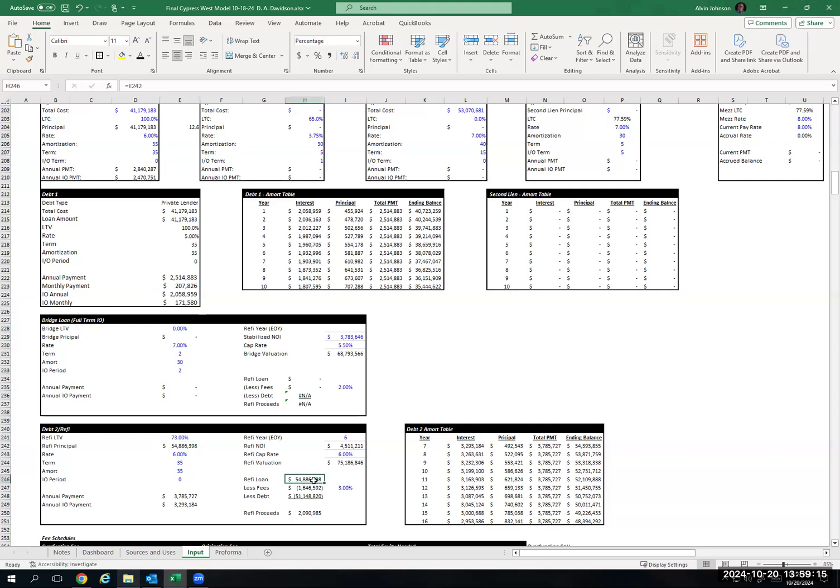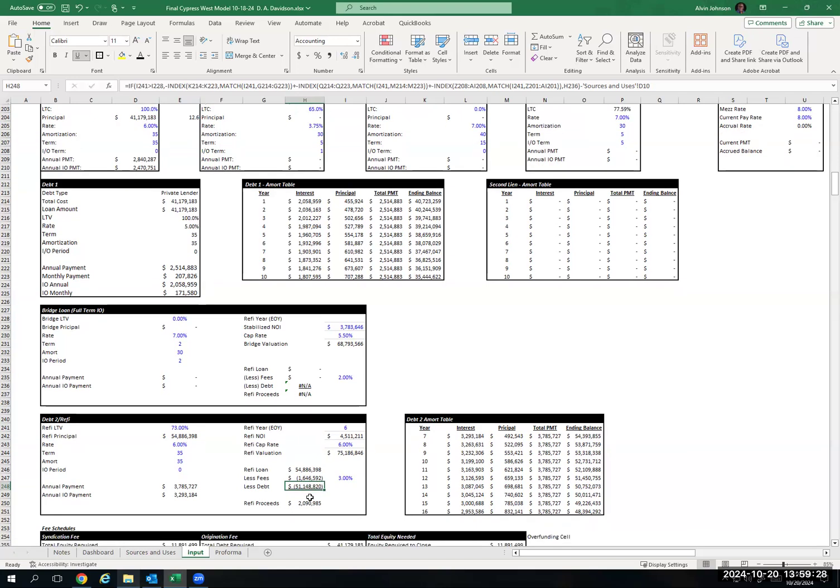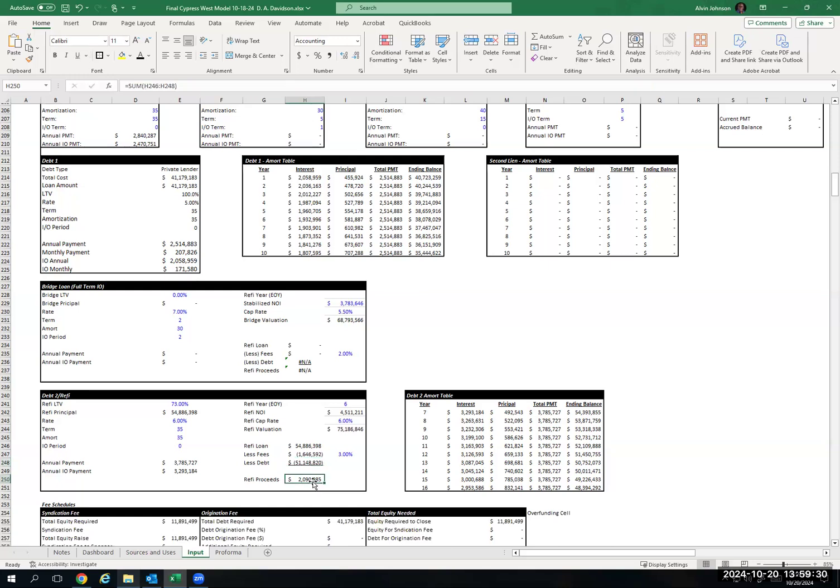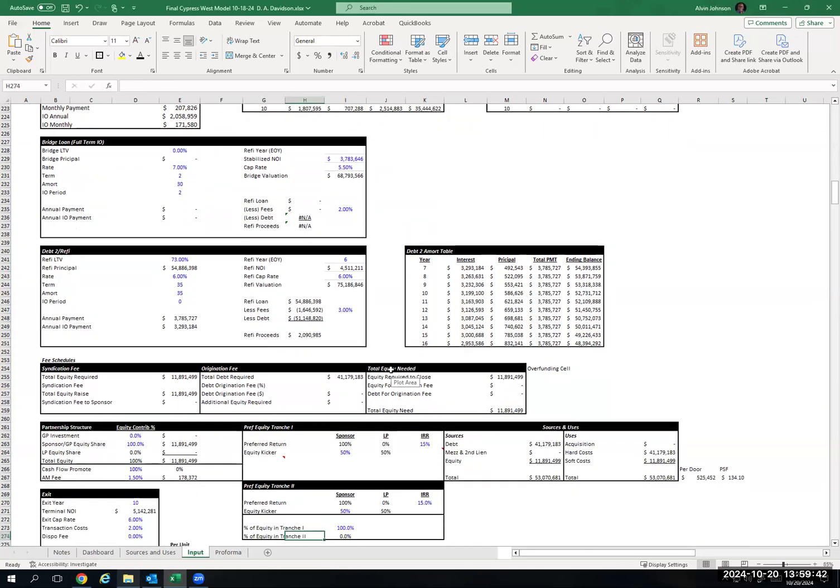Here's my loan amount of 54 million. We pay off all the debt, that's the 41 million plus the 13 million that was done, and we've got $2 million left over in proceeds. Or we go sell it for 75 million or 65 million, wherever we can negotiate that in the market, and it works well.